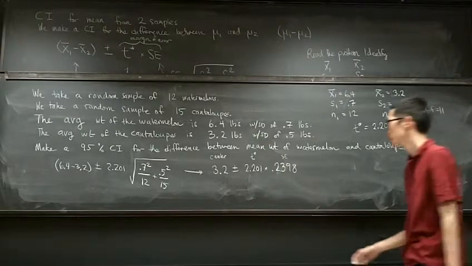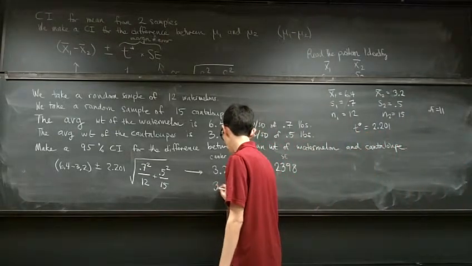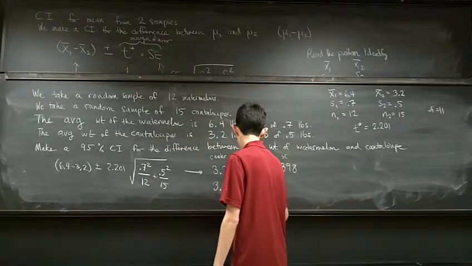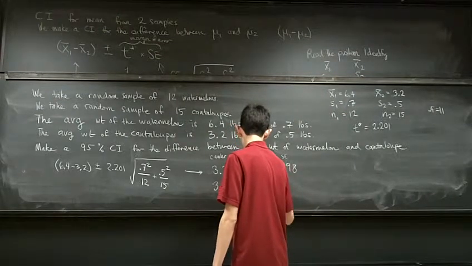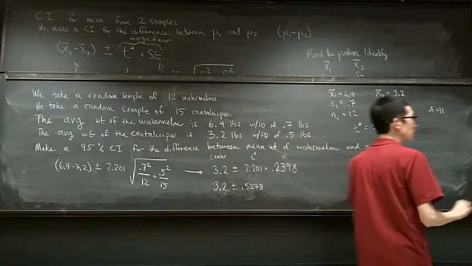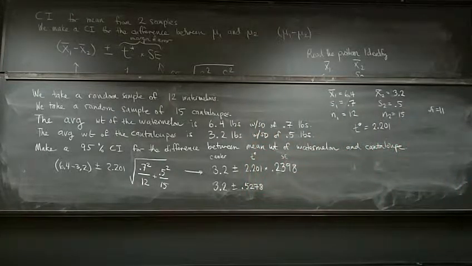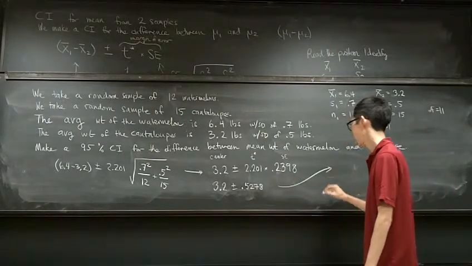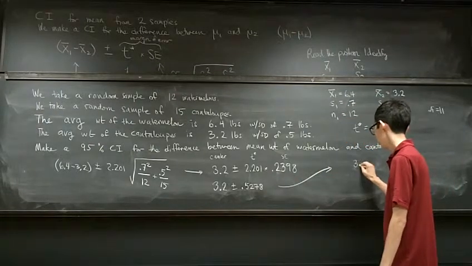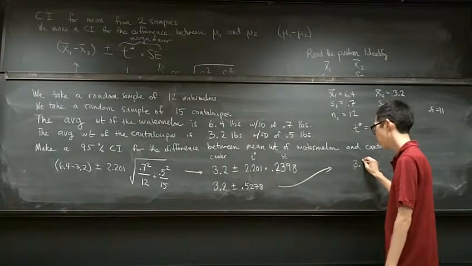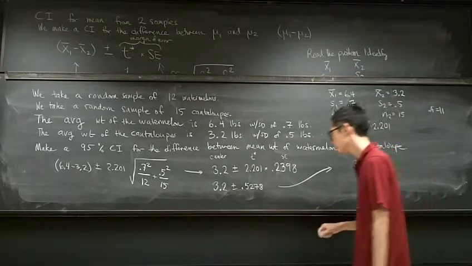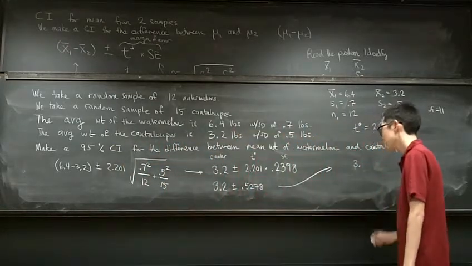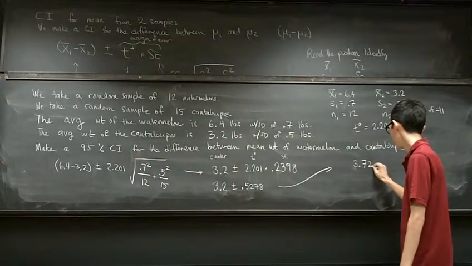So this becomes 3.2 plus or minus 0.5278. Is that okay? Yep. So now 3.2 plus that gives me 3.7278, or whatever, 73.